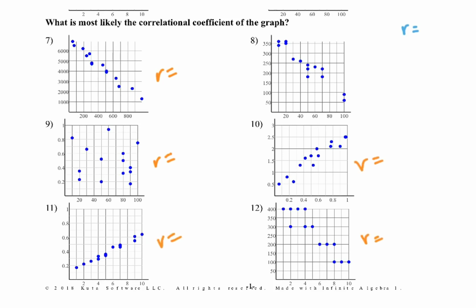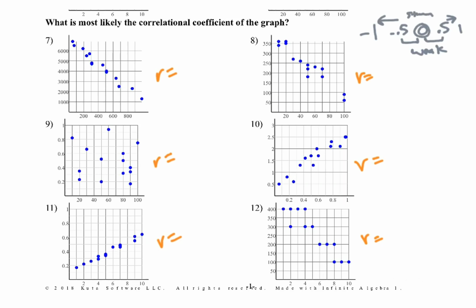And remember the trick is it's all on a spectrum. So we go from -1 to -0.5 to 0 to 0.5 to +1. Anything between 0 and 0.5 is going to be weak, whether it's negative or positive. Beyond the 0.5 is going to be strong.